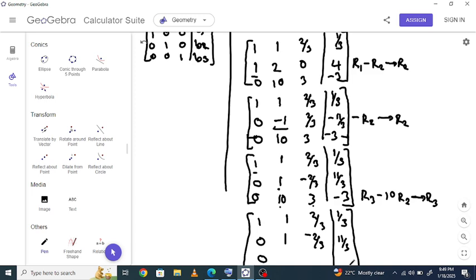And now row 3: we will have 0 minus 0 is 0. We multiply this by 10, subtract from 10, we get a 0. Then 3 minus 20 over 3 gives us 29 over 3. And now here we have -2 minus 110 over 3.